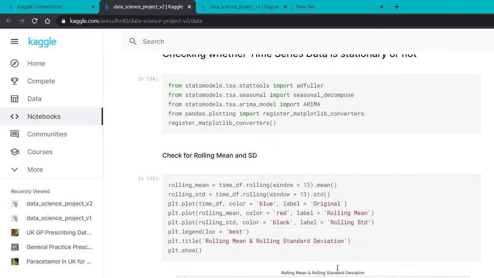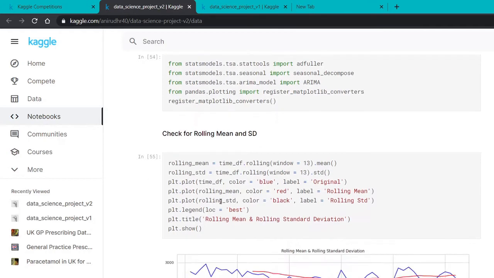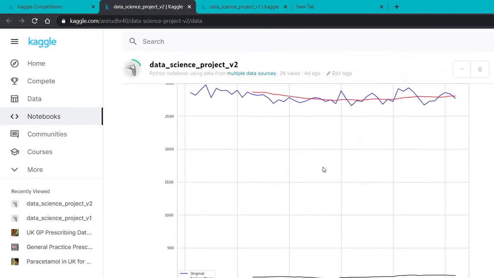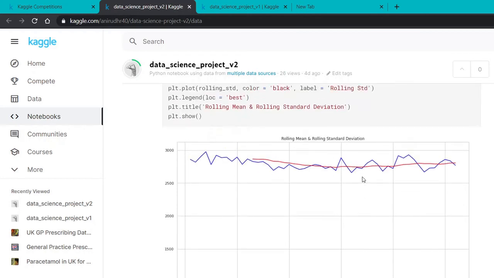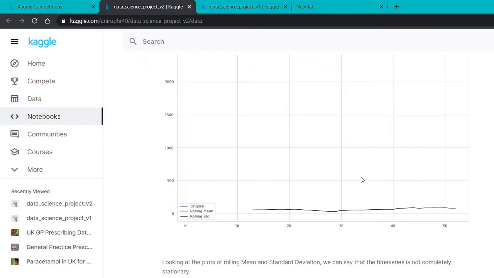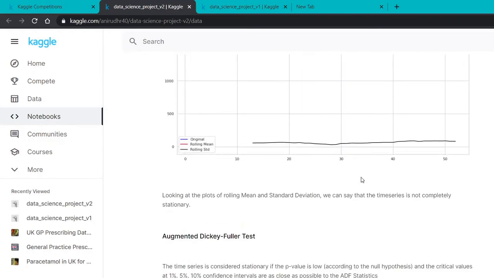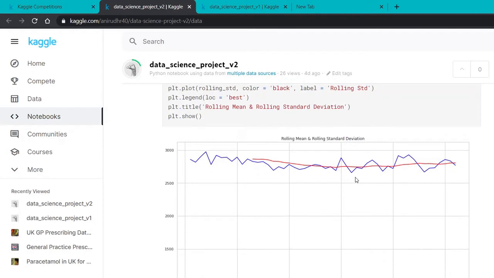The rolling mean is plotted here. These two curves, the red line and the black line, show the rolling mean and rolling standard deviation respectively. Since they are not parallel to the x-axis, we can say it is not completely stationary. We're trying to make the time series data stationary because the model can then easily capture the data.